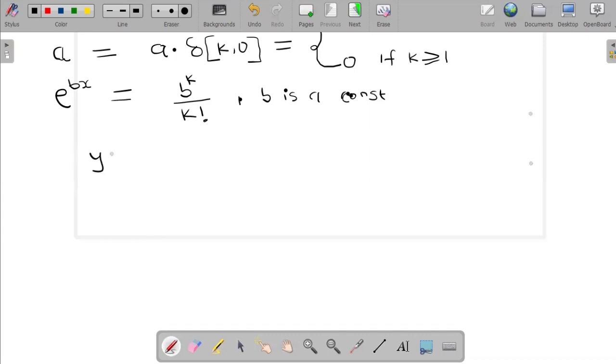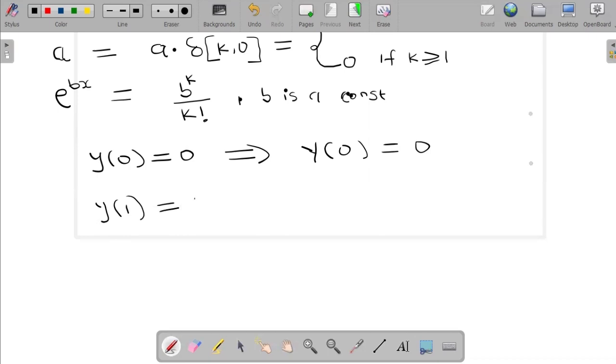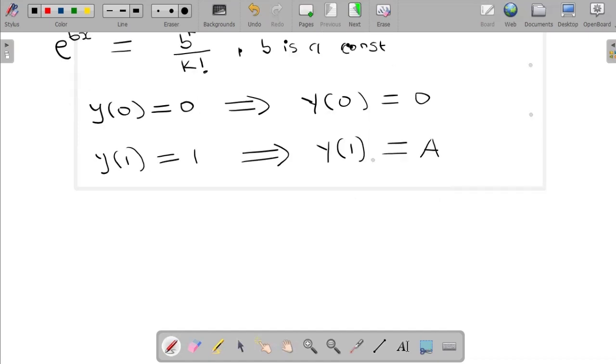But y of 0 equal to 0 is transformed as y_0 equal to 0, and then y of 1 equal to 1 is transformed as y of 1, which we represent by a capital letter A.